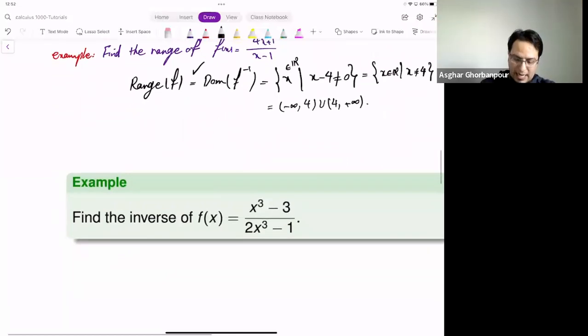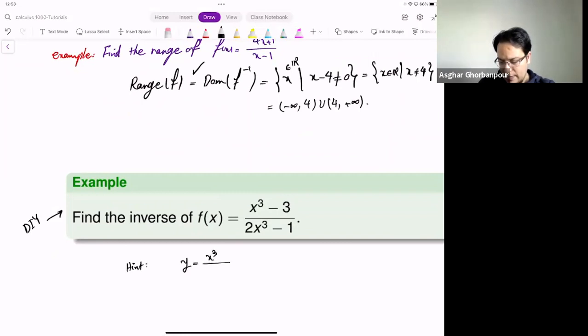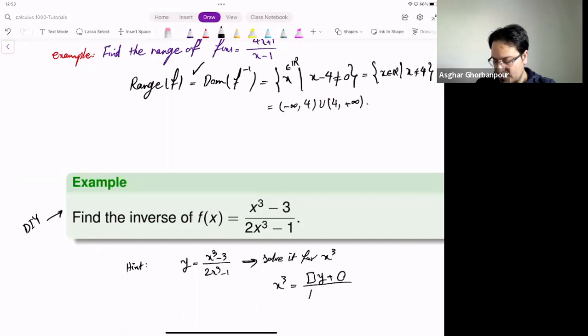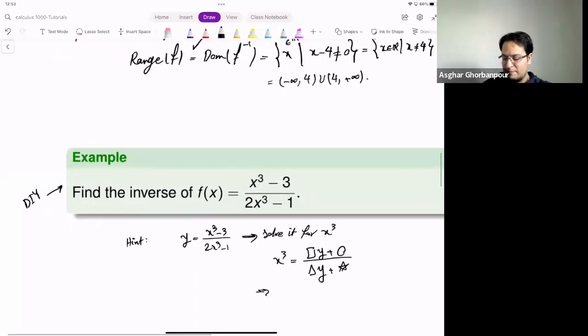Well, I will leave this other example for you to do yourself. It's very similar to what we started. Just as a hint, you start with this thing and solve it for x. First you will be able to solve for x cubed. So you will find that x cubed is equal to something times y plus another thing, and then the very last step is that you take the third root.